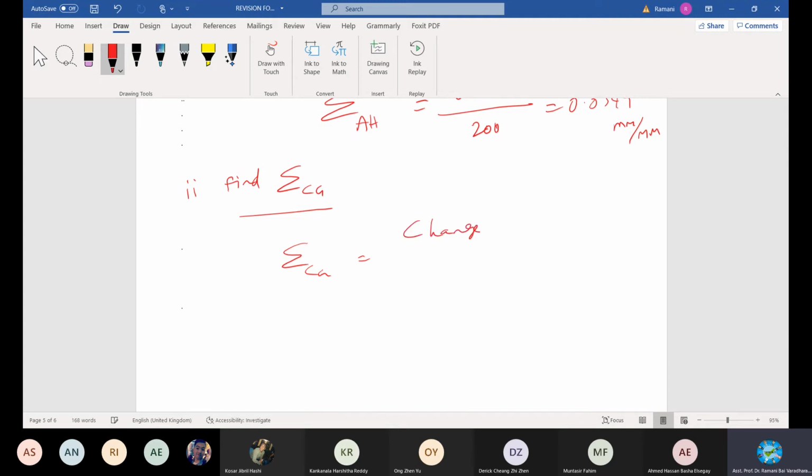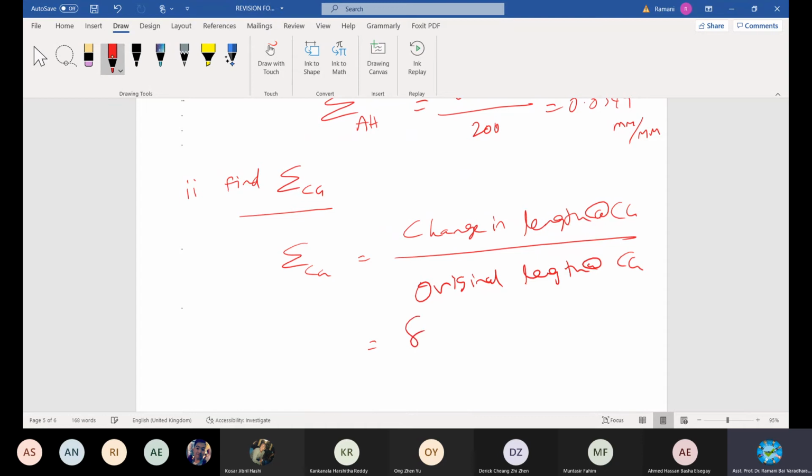Change in length at CG is denoted by delta CG, divided by original length CG.